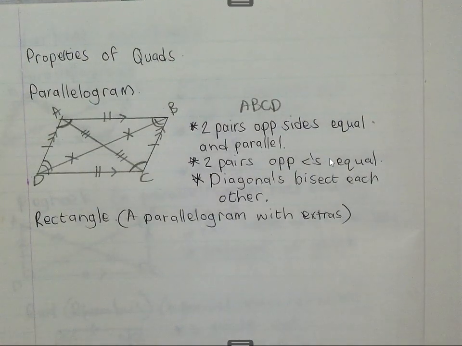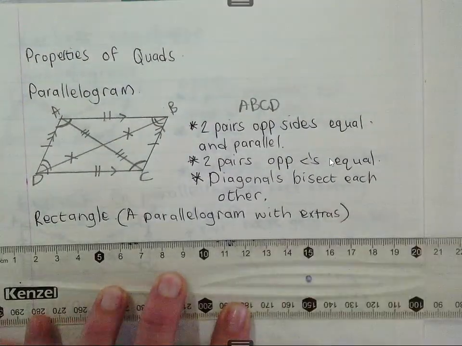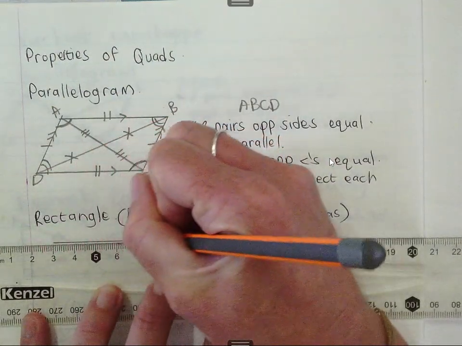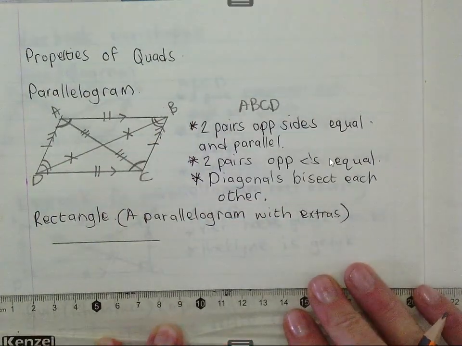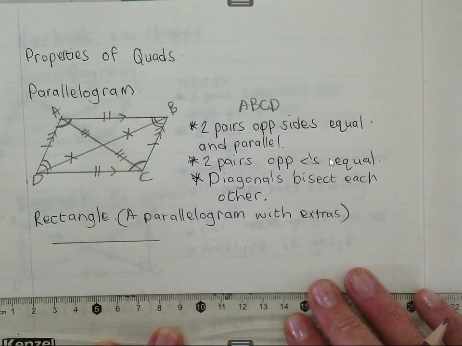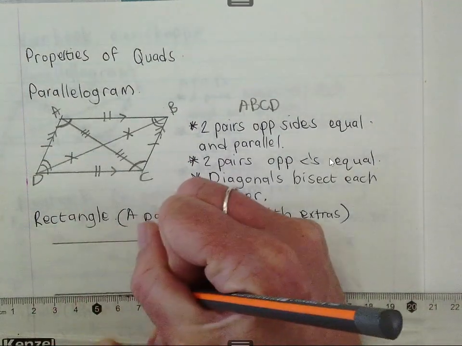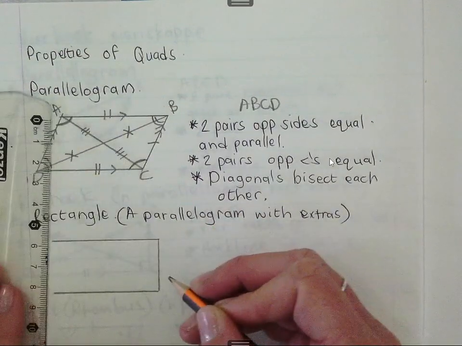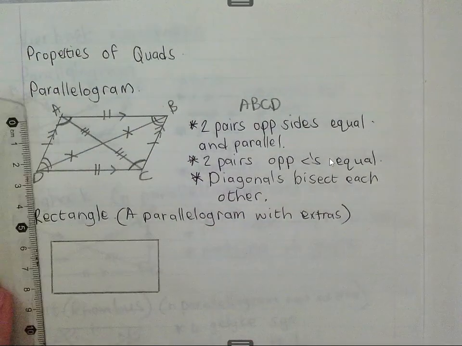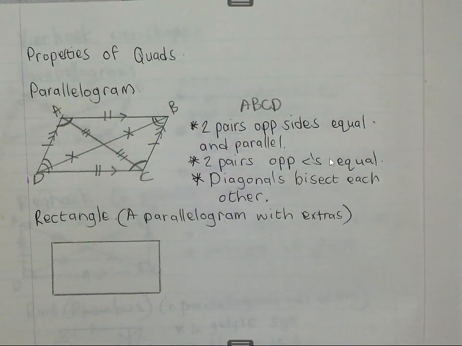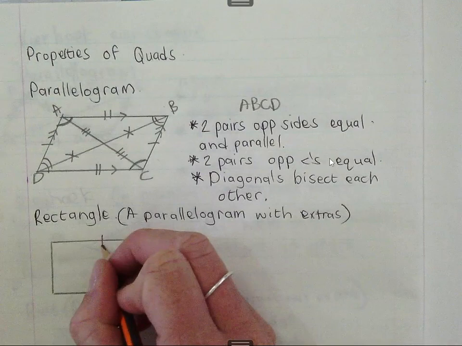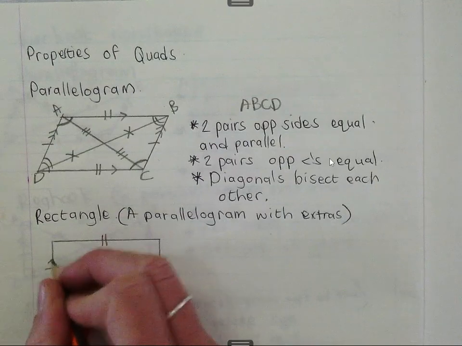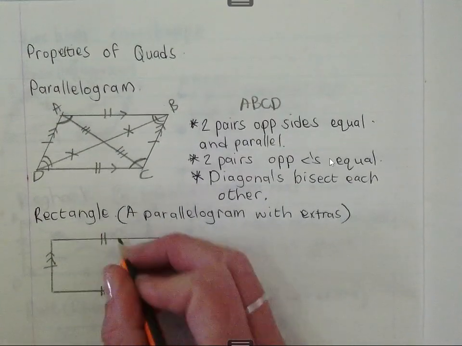So when I draw my rectangle, I already know that it's got two pairs of opposite sides equal to each other and parallel to each other.